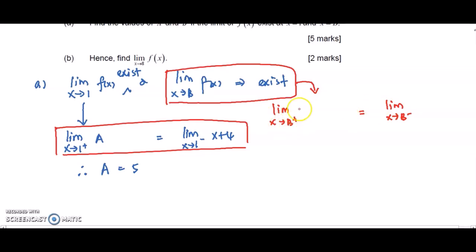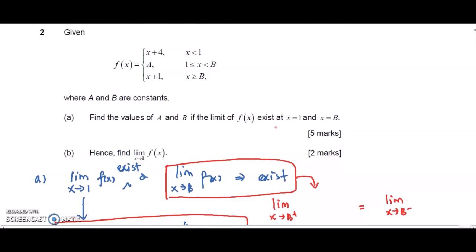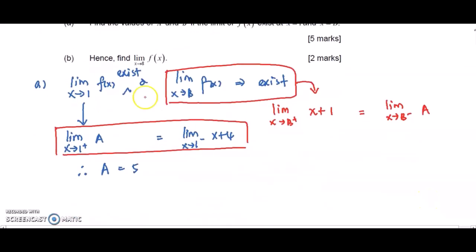So what is the function we should put in when x approaches b positive? b positive obviously is in this interval, so we take the function x plus 1 and put it into our limit expression. For b negative, it is in this interval, which is between 1 and b, so the function again is a. We have found a now, that is 5.